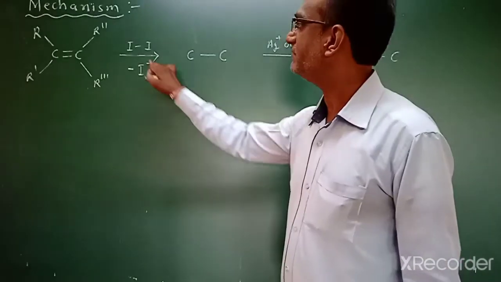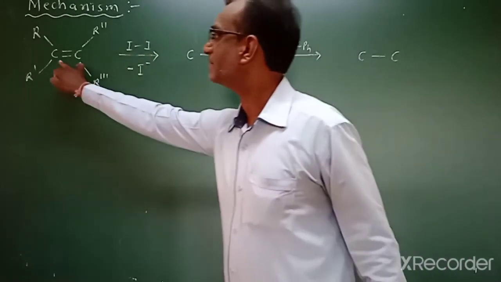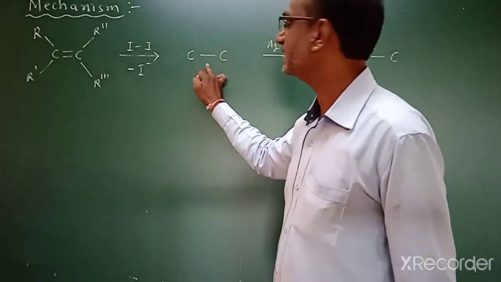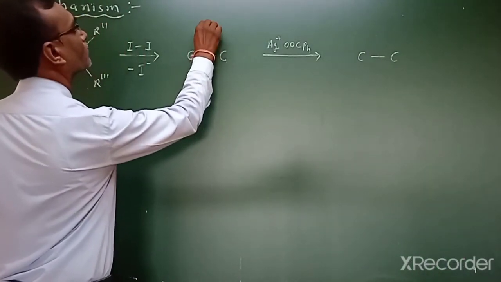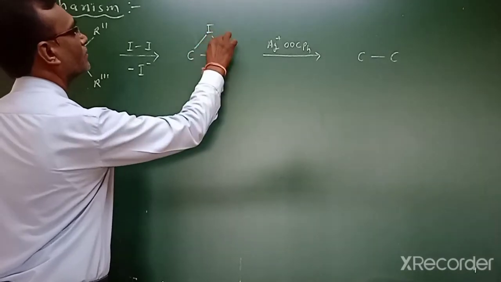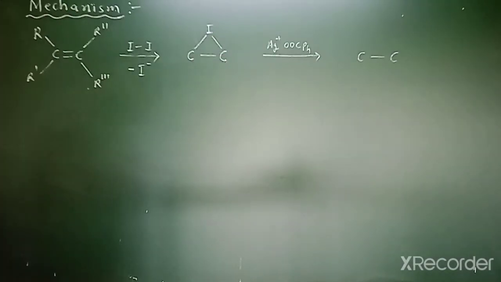After breaking the bond between the iodines, this carbon-carbon double bond gets converted into a single bond, and this iodine will form a cyclic structure with the two carbon atoms of the alkene that were previously bonded with the double bond.